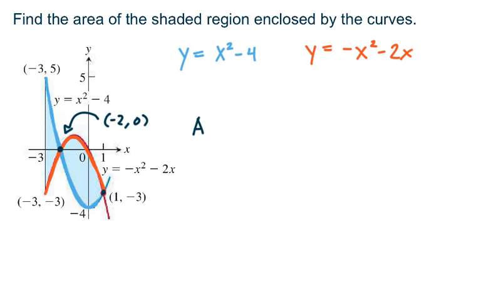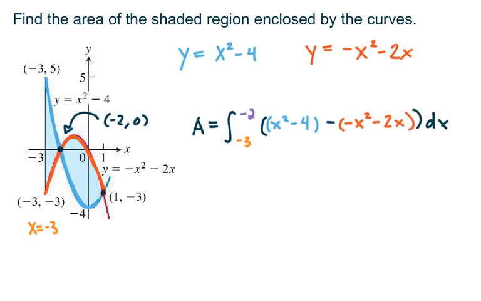In this case, we would say that the area equals the integral from x equals -3 to -2. And we're going to have our above function, which is the blue one, x squared minus 4, minus the below function, -x squared minus 2x, dx.